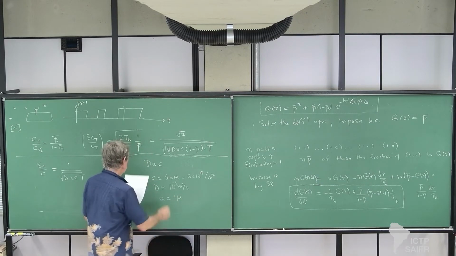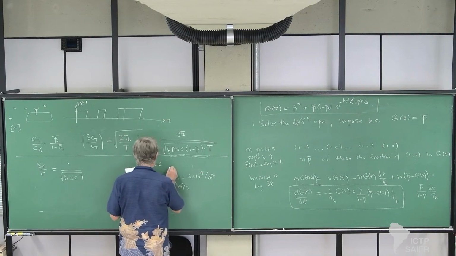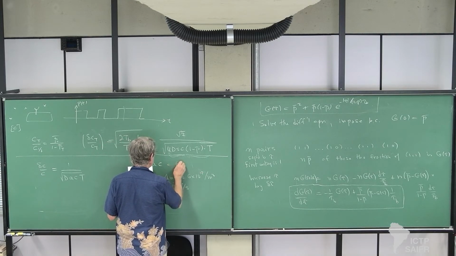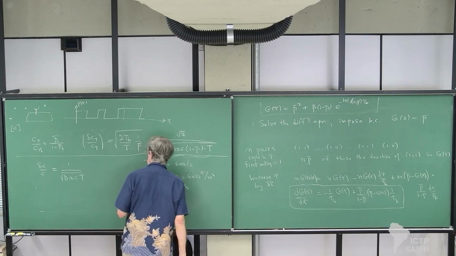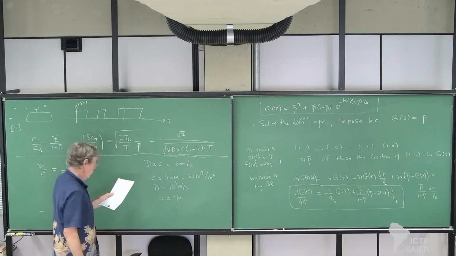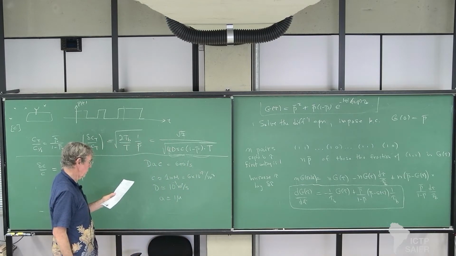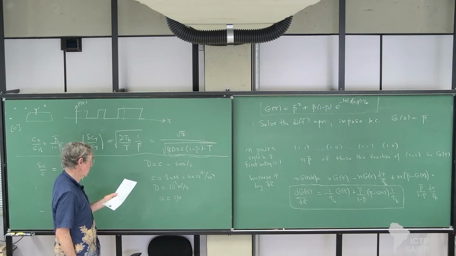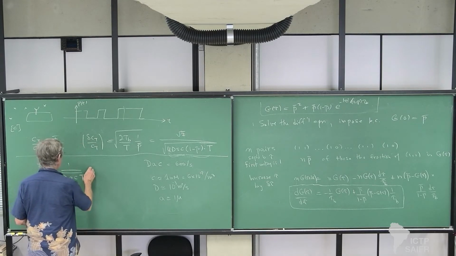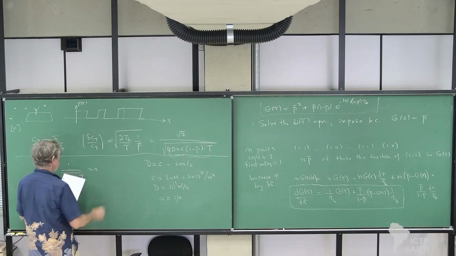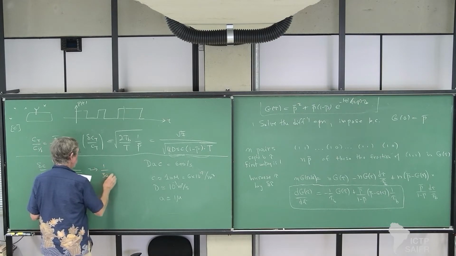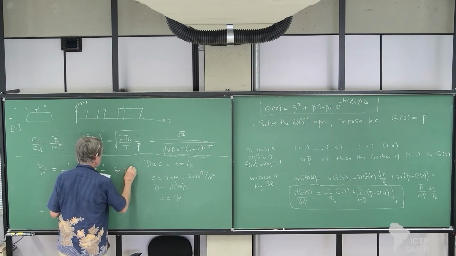So this number then turns out to be 600 per second. And therefore, if you take the time to be 1 second, this goes to something like 1 over 30 for t equals 1 second.